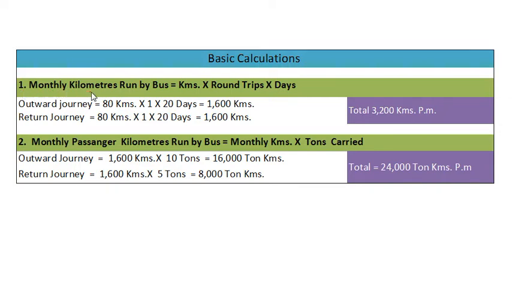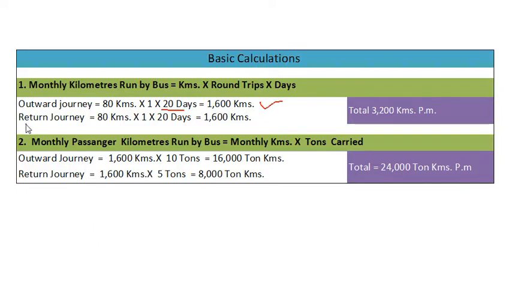First, monthly kilometers run by truck. Monthly kilometers run by truck is equal to kilometers multiply round trips multiply days. Dear students, here on outward journey our kilometers will be 80 kilometers, that is from Surat to Valsad. One way, that is one, not a complete trip, it is half, that is one, multiply 20 days, that is 1600 kilometers.